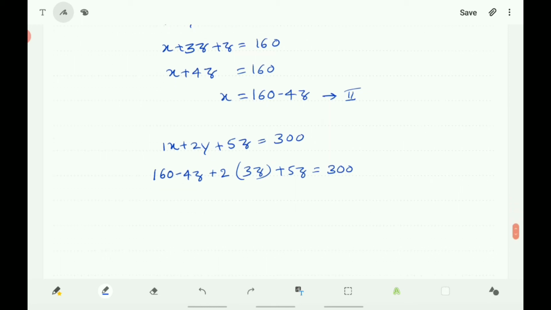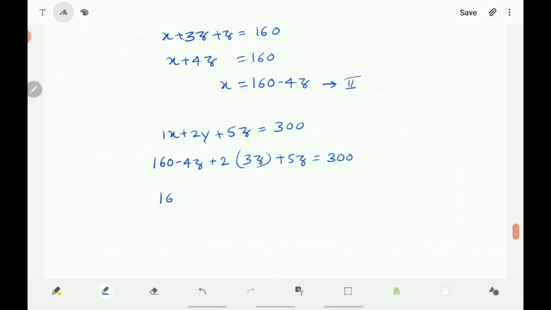Next it becomes 160 minus 4z plus 2 3s are 6z plus 5z is equals to 300.